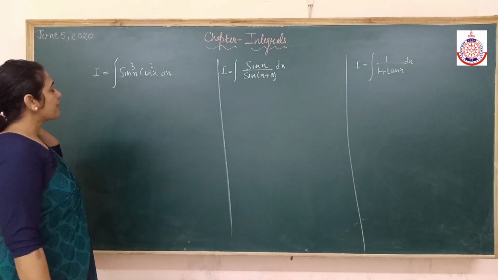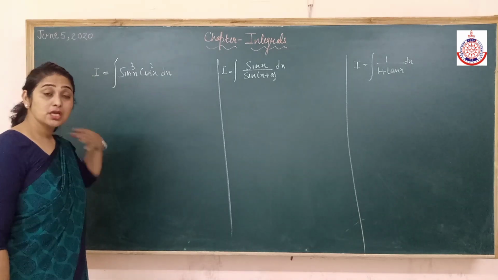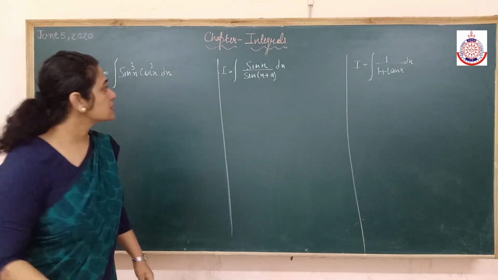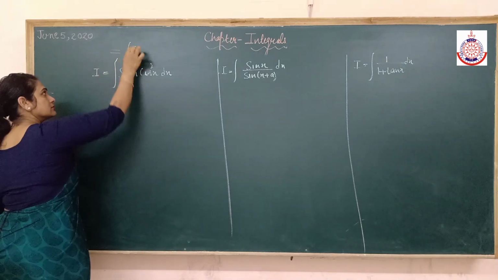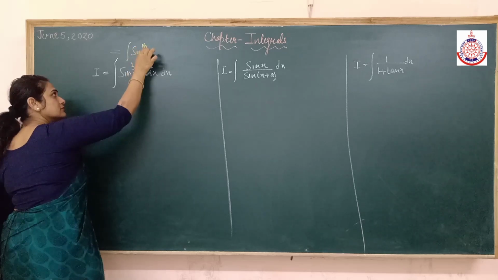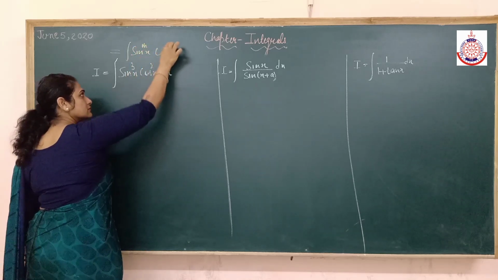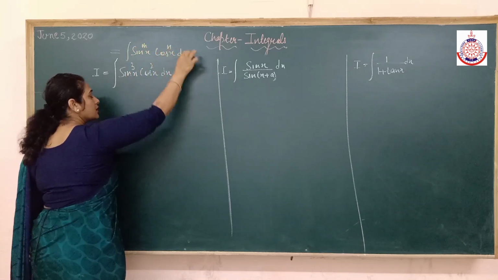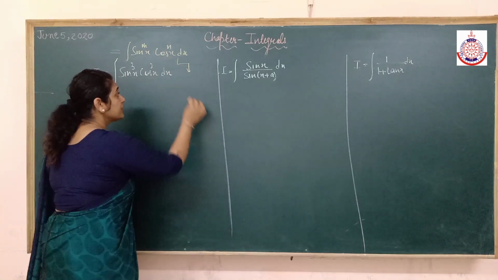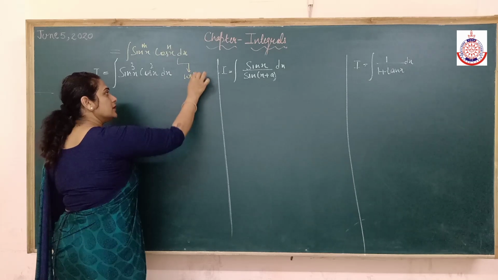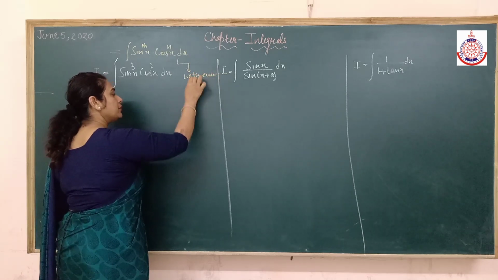Advisable, whenever you have a combination of sine and cos with some powers, always try to put the function with even power.